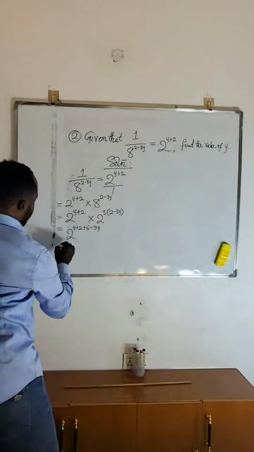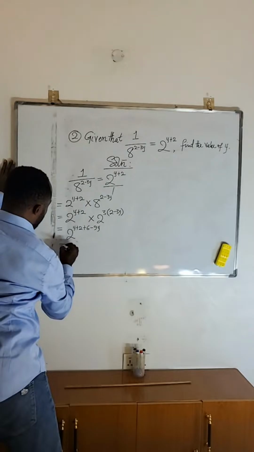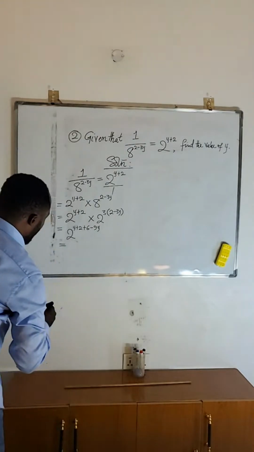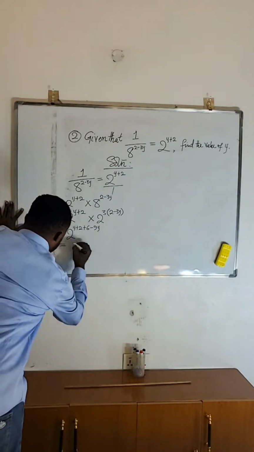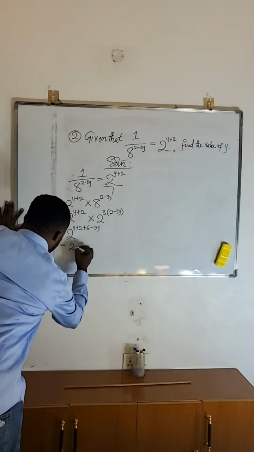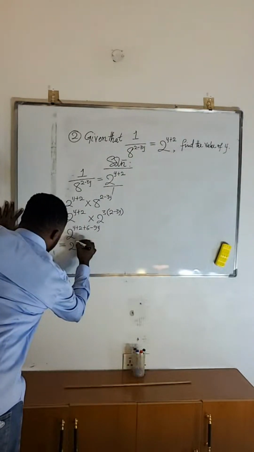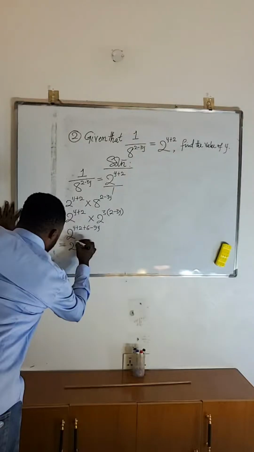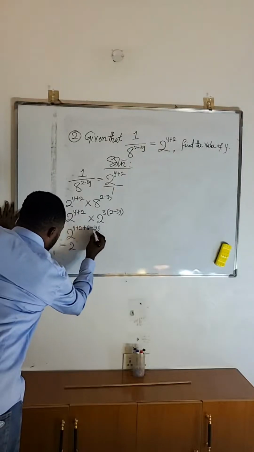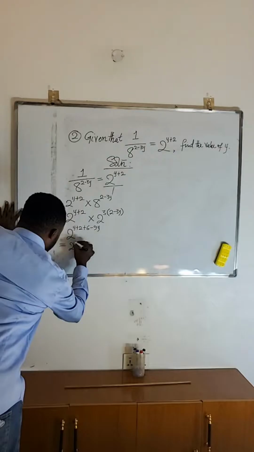And then here, you can now see 2 raised to the power of y minus 9y is minus 8y.